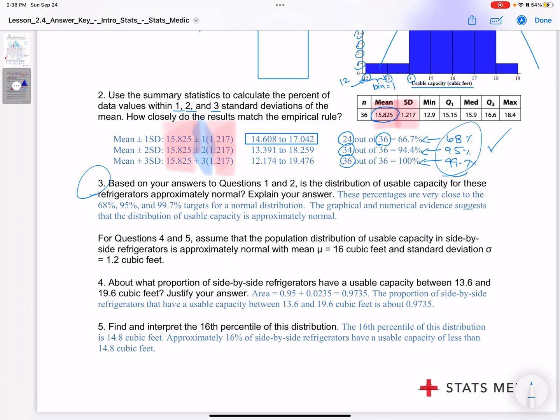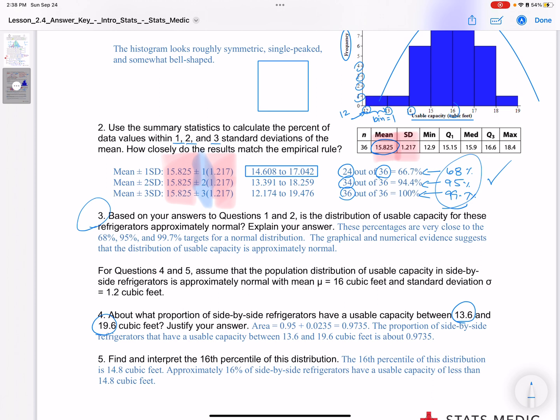Okay, for this next one, it says justify my answer to see if my usable capacity is between 13.6 and 19.6. If you do between 13.6 and 19.6, you can see this is already a normal model. And you can see your area. It's like, okay, that's going to be 95% because that's 2 standard deviations, and 0.0235 because that's that other little piece that's between 2 and 3 standard deviations.